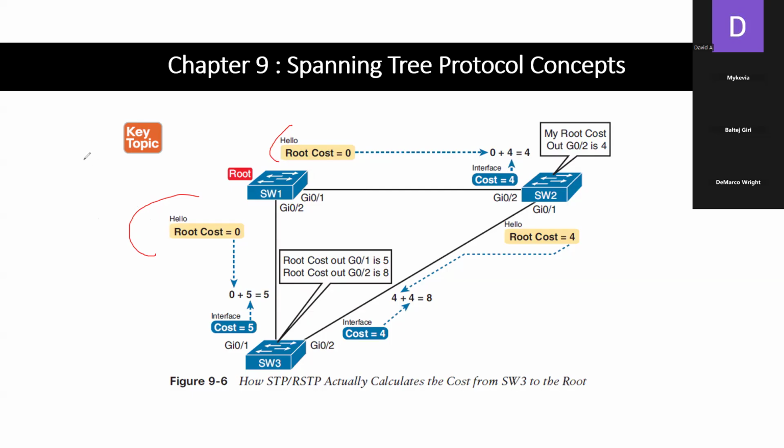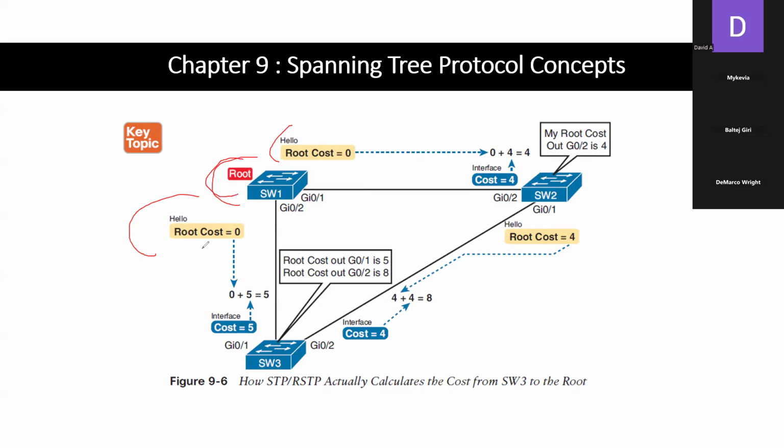Why do you think the root is sending a cost of 0? If we're looking at this diagram, switch one is sending out hellos with a root cost of 0. Why would it be sending out hellos with a root cost of 0?